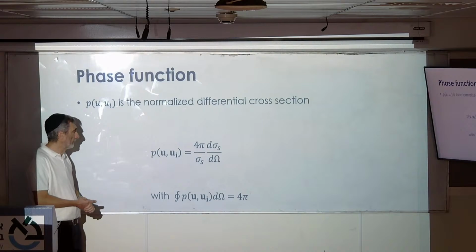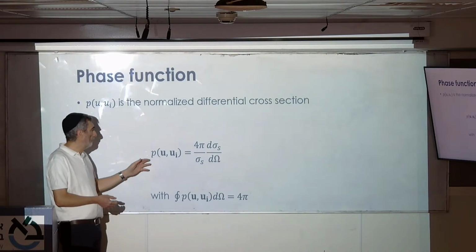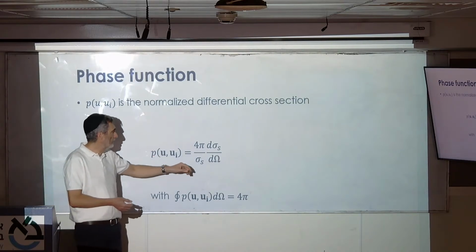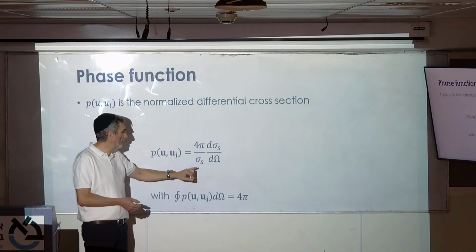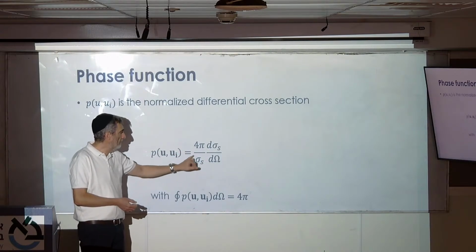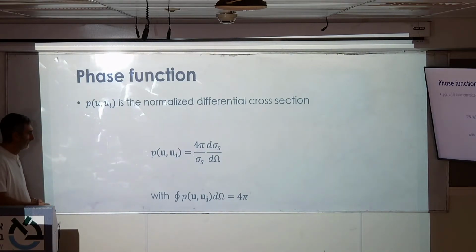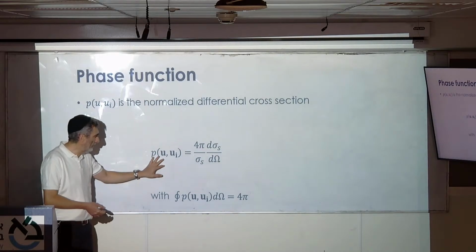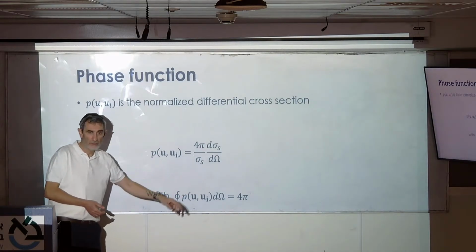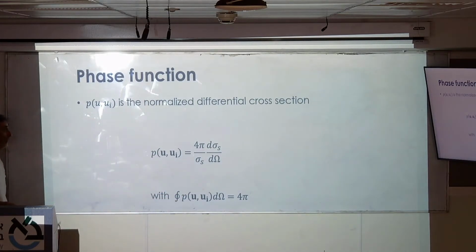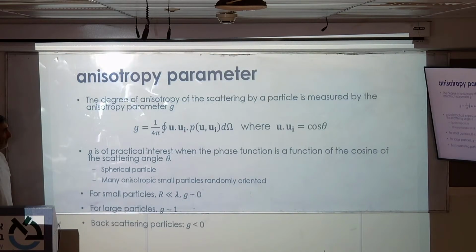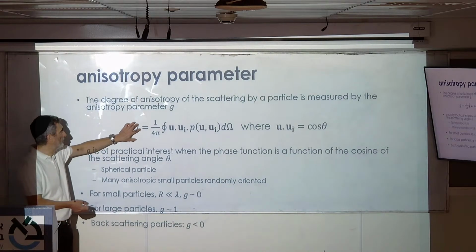And now I get to the quantity that I really want to define, which is this parameter G. G is called the anisotropy parameter, which gives you the degree of anisotropy of the scattering by a particle. G will tell you if you are strongly scattered in a forward direction, or if you are more like an isotropic kind of scattering, like the two examples that we saw in the program.